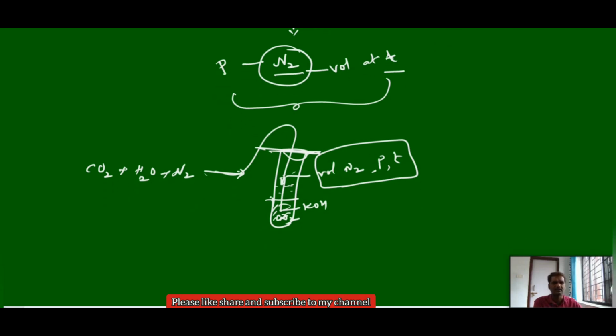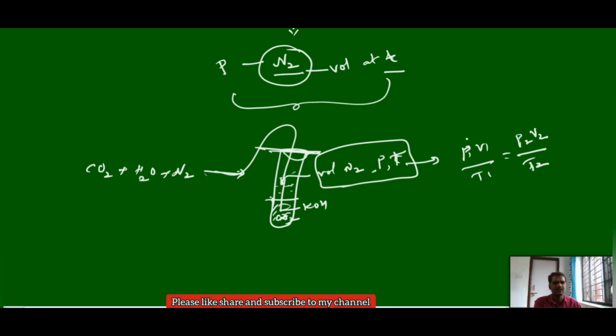Whatever volume we collect at a particular temperature, we first have to convert into STP conditions by using the formula P1V1/T1 = P2V2/T2. By using this formula we convert the volume of nitrogen into STP conditions.